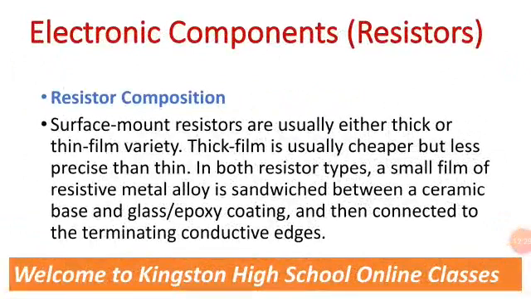The thick film is usually cheaper but less precise than thin. All these things come with calculated power ratings. When you want to design, you go there and ask for a resistor, they will ask you what the capacity is. You'll be able to tell them the capacity.